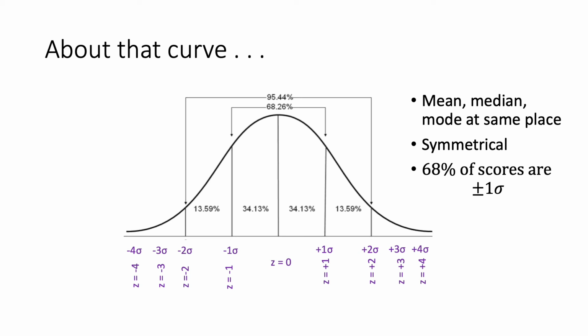And you can see that very, very few scores, look at where the curve goes, fall way out at 4 standard deviations either way. So that gives us our bell curve. So those are the 3 characteristics of the normal distribution curve that are really important.